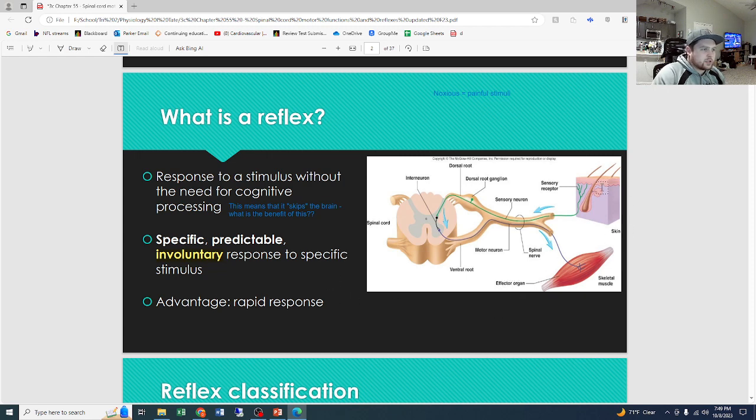So we can see here in this picture, we have sensory receptors. These sensory receptors go all the way back through the dorsal root ganglia into the posterior aspect of the spinal cord, also known as the dorsal horn. It's going to synapse with a motor neuron on the front, going down through the ventral or anterior horn.